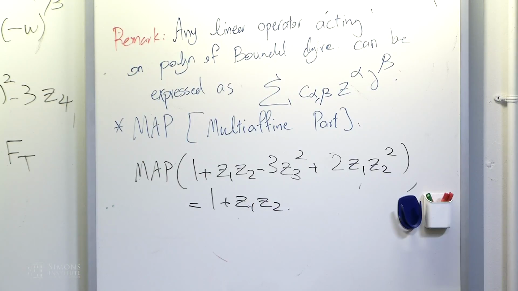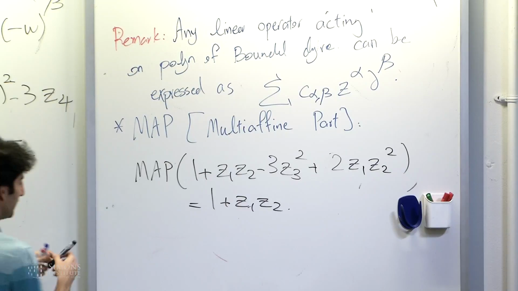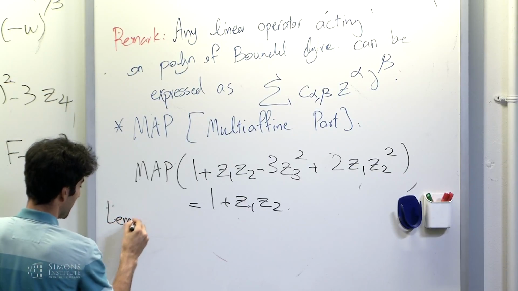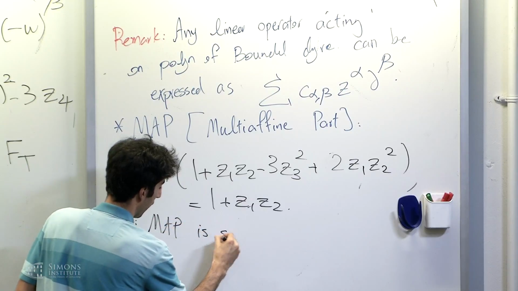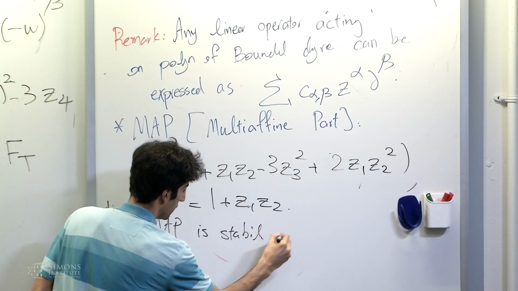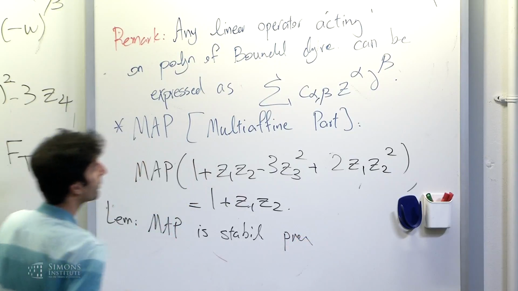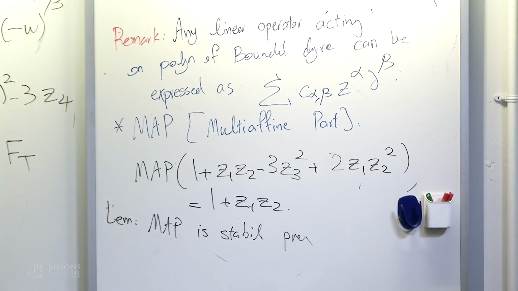So that's what MAP does. And there's a simple lemma, which again is an exercise, that MAP is a stability preserver. We're going to use this theorem of Borcea-Brändén to prove that MAP is a stability preserver operator.